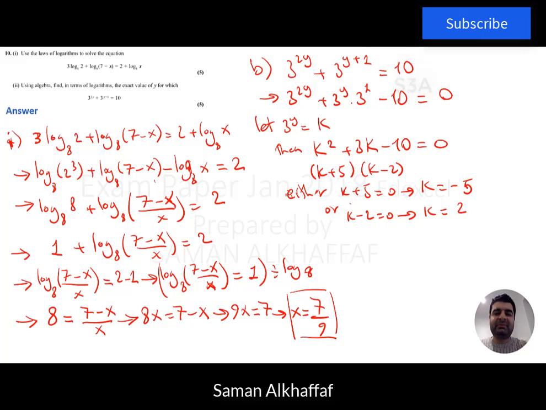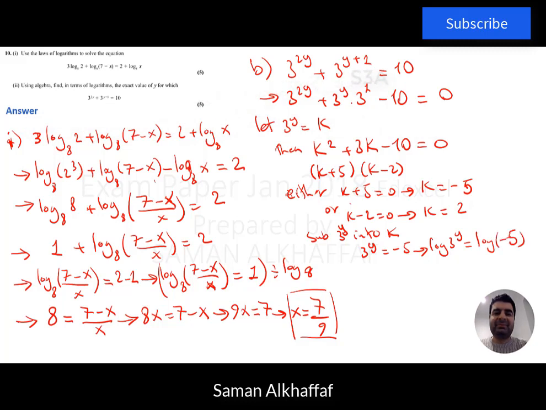Now we substitute back the values. We put 3 to the y equal to k. For the first one, we would have 3 to the y equals minus 5. In this scenario, we would take the log of both sides, so we would have log of 3 to the y and also log of minus 5.